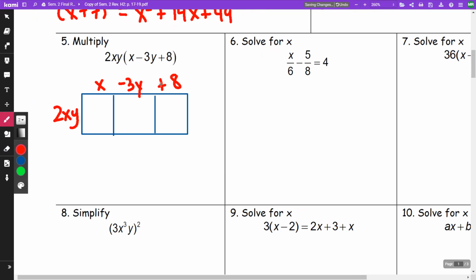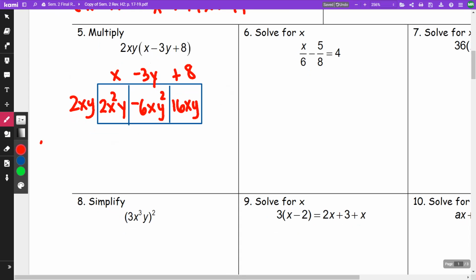So a 2xy times x is going to be 2x squared y. A 2xy times a negative 3y is going to be a negative 6xy squared. And a 2xy times 8 is 16xy.